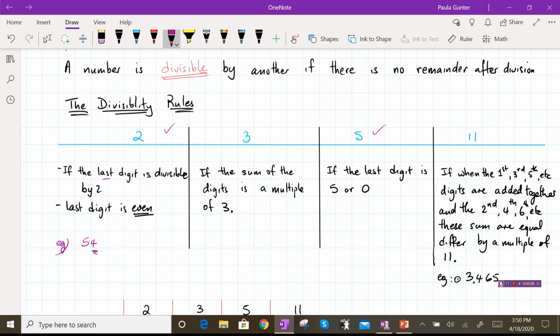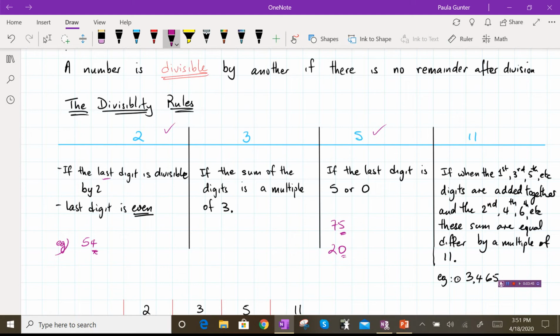If a number ends with 5 or 0, so if we had 75, the fact that it ends with a 5, we know that this will be divisible by 5. If we have 20, it ends in 0, it will be divisible by 5.